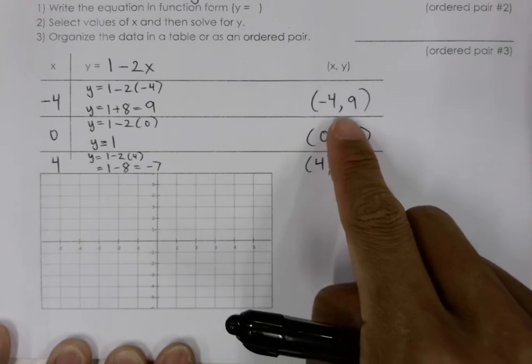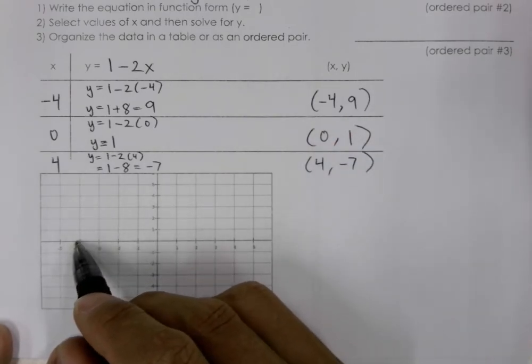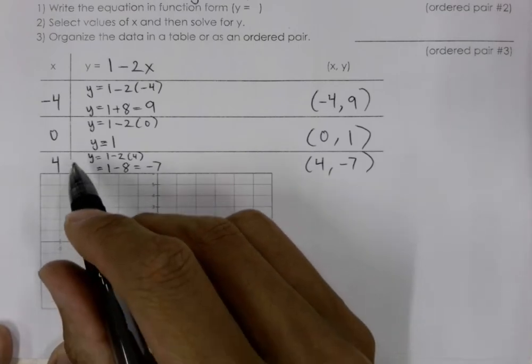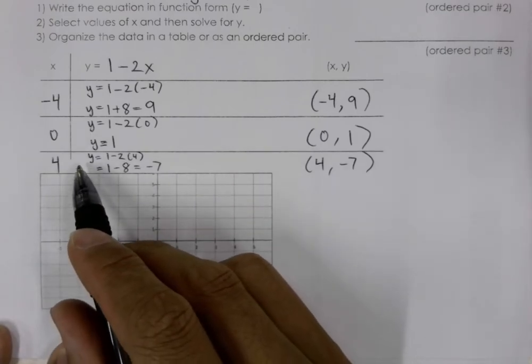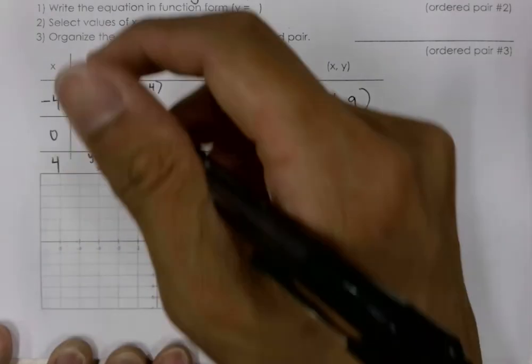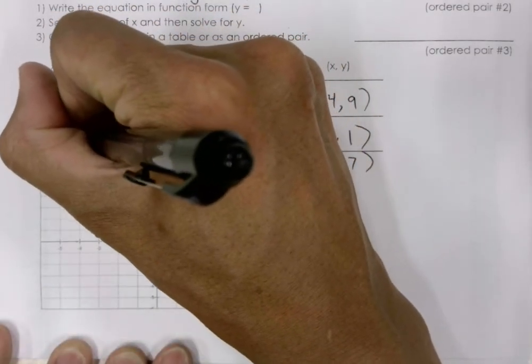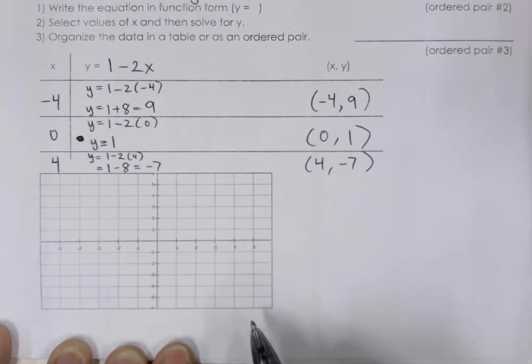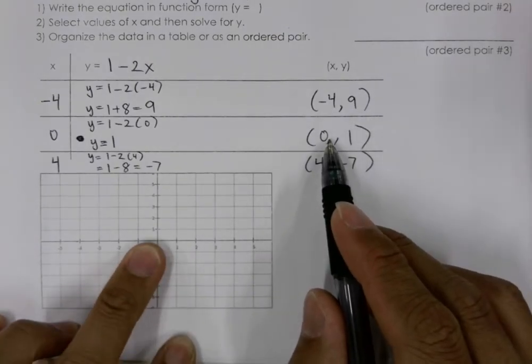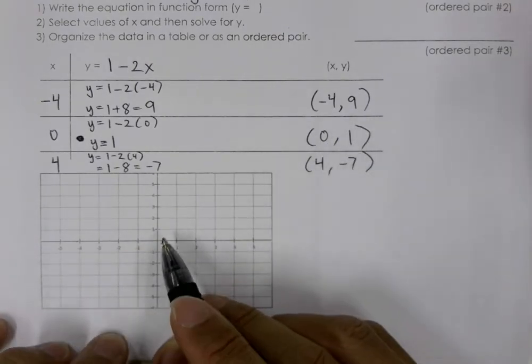Let's start with the first point. Negative 4, comma 9. Oh wow, 9 is off the chart. 6, 7, 8, 9. When x is 0, y is going to be 1.